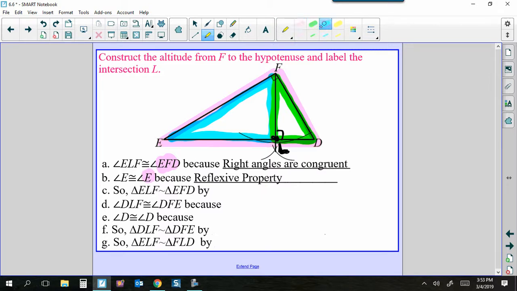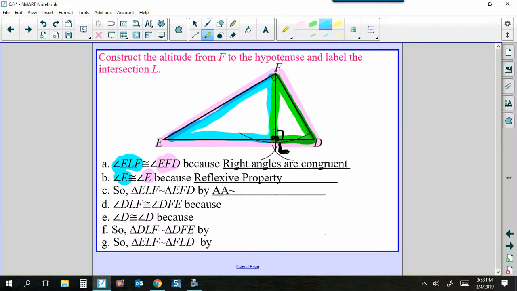So if you remember from a few lessons ago, if you have 2 congruent angles in 2 triangles, the triangles can be similar by angle-angle similarity. Very cool. So now let's go ahead and look at the next pair. So now I'm looking at angle DLF. Well, DLF is right here.